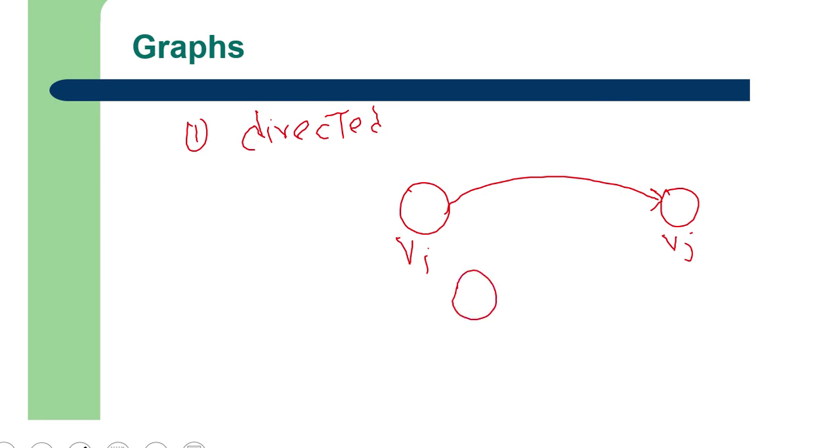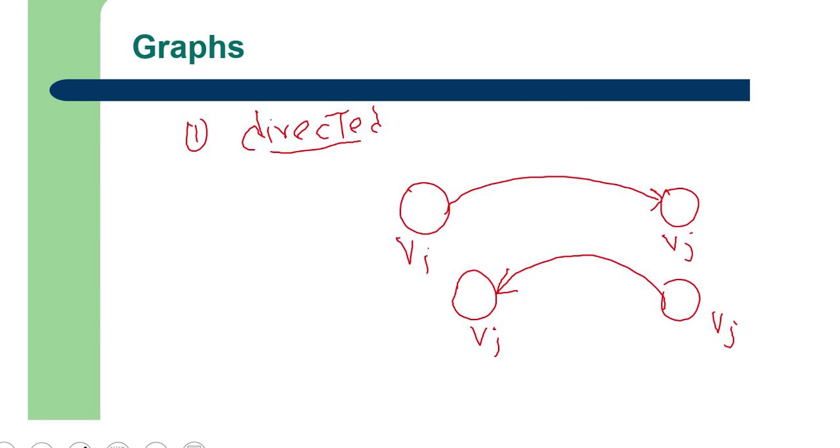Similarly, if there is a directed edge from vertex Vj to vertex Vi, we can only move from vertex Vj to vertex Vi. There is no path from vertex Vi to vertex Vj. This is the case where the edges are directed.